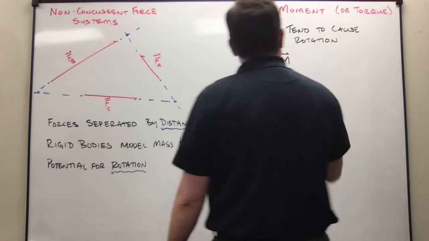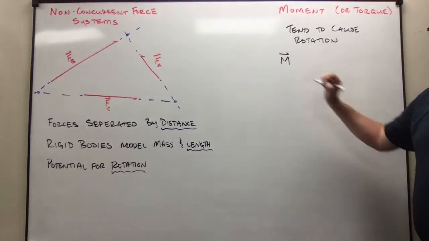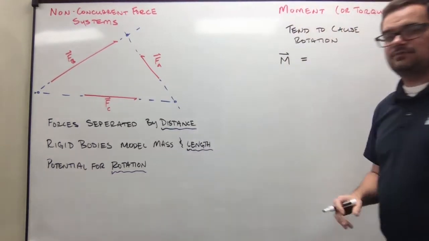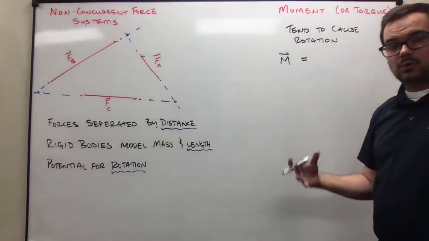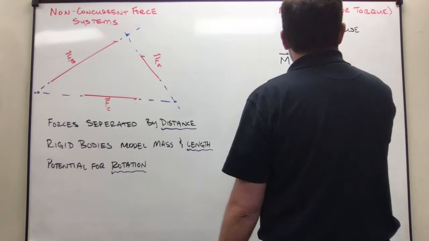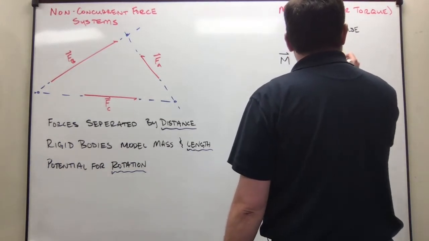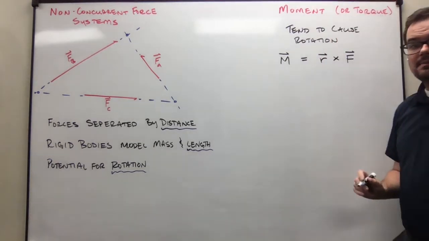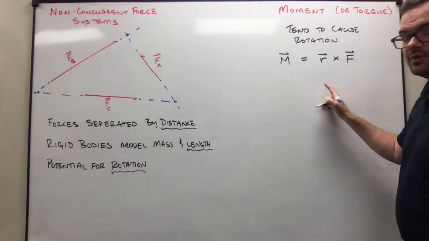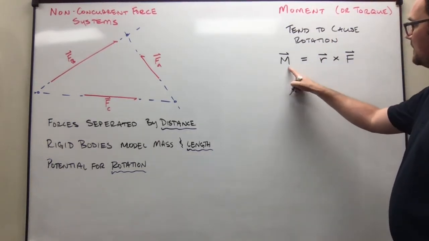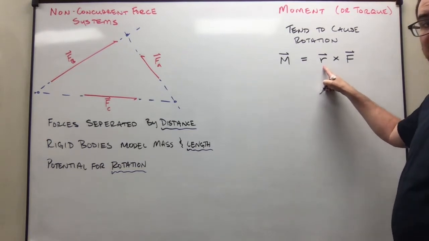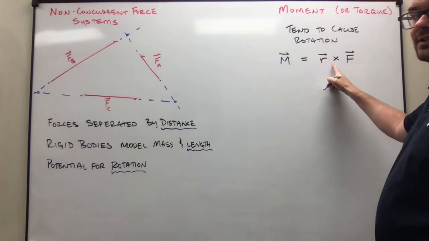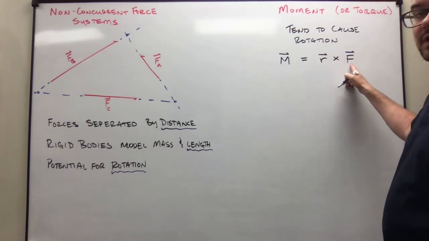We're going to use an uppercase M with a hat to indicate our moment, and the way that we calculate this from a particular force is by using a mathematical cross product. We'll talk about that more when we look at 3D moments, but for the moment, no pun intended, it's worth noting that we're going to have a moment equal to r, hopefully you remember r is our position vector, cross F. So we're going to do a cross product.